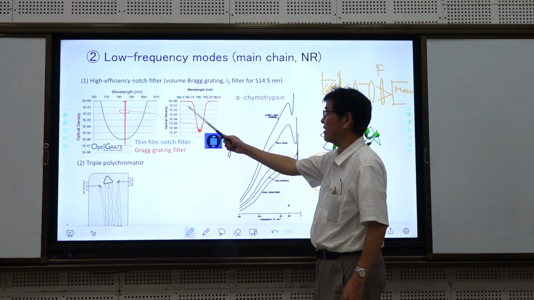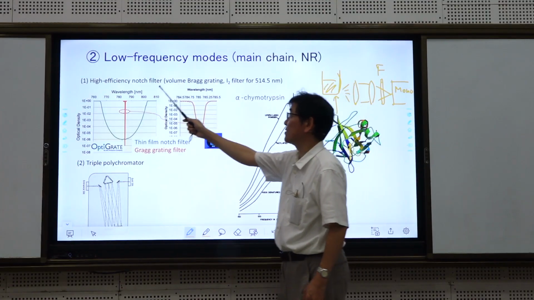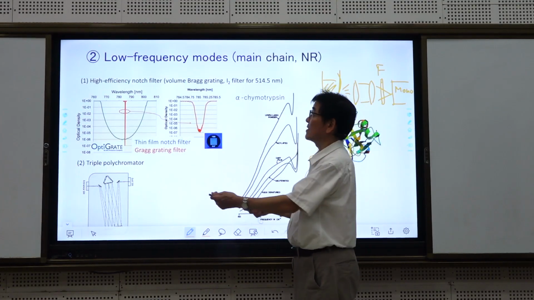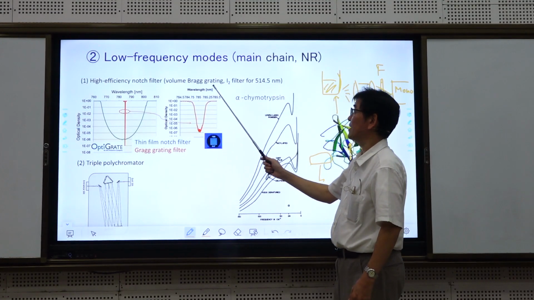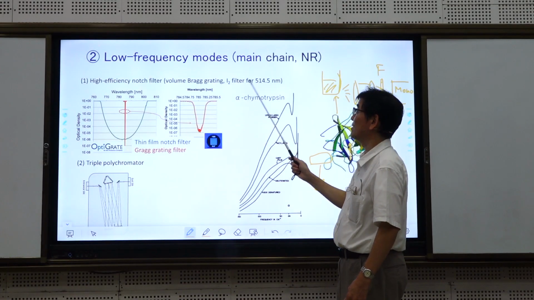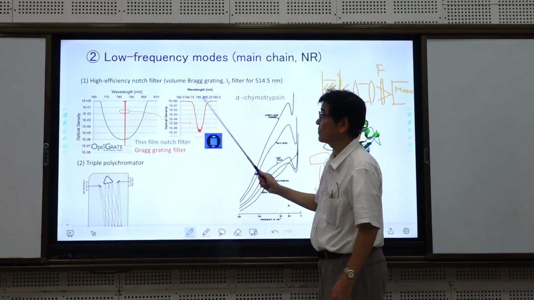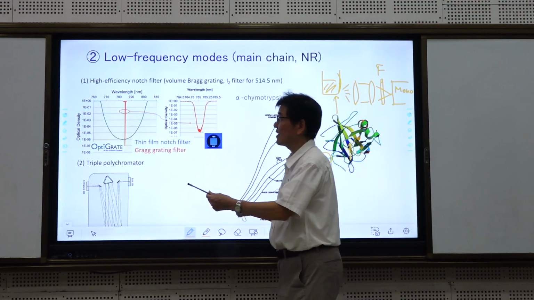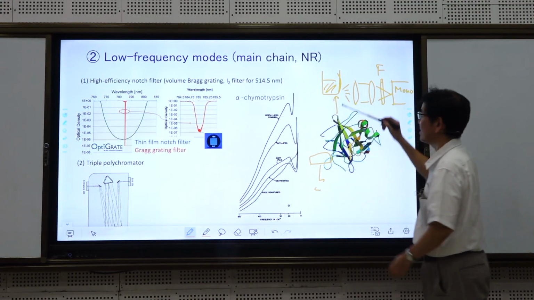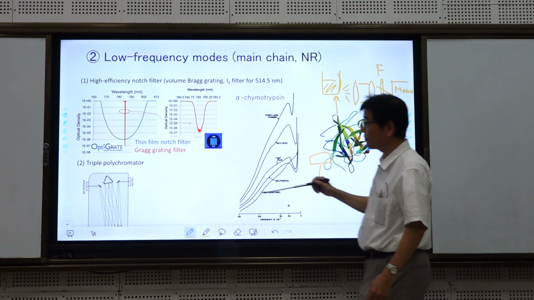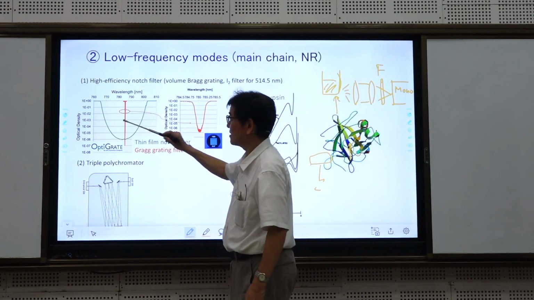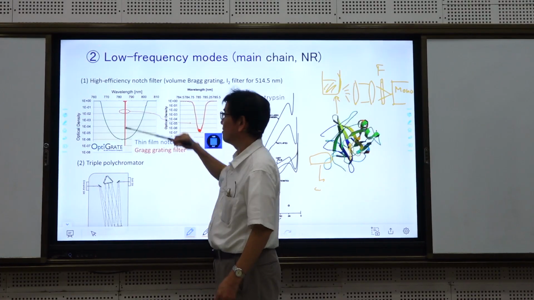When we choose a special Rayleigh cut filter, a notch filter, such as a volume Bragg grating or an iodine filter or some other filters, then we can cut only the excitation beam. Here is an example.